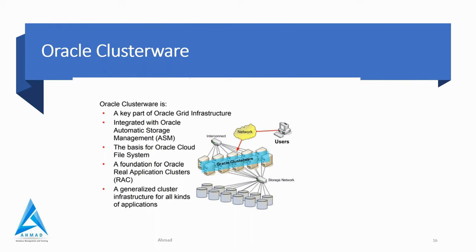Oracle Clusterware can use ASM for all the shared files in the cluster. It is also, you can say, a foundation to the ASM cluster file system. In generalized terms, a cluster file system can be used for most file-based data, such as documents, spreadsheets, and reports. So the Oracle cluster file system is basically used for that.